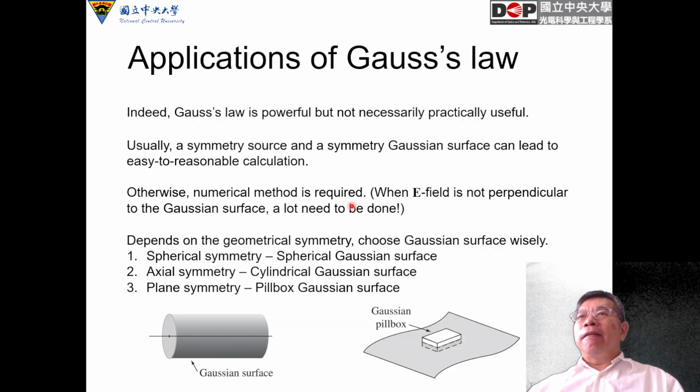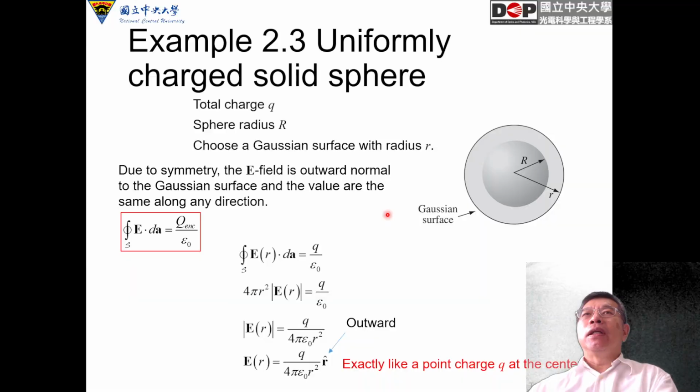When the electric field is not perpendicular to the Gauss surface, a lot needs to be done. You need to do the projection, you need to do crazy things, and the calculation will be very troublesome. Anyway, that's it.